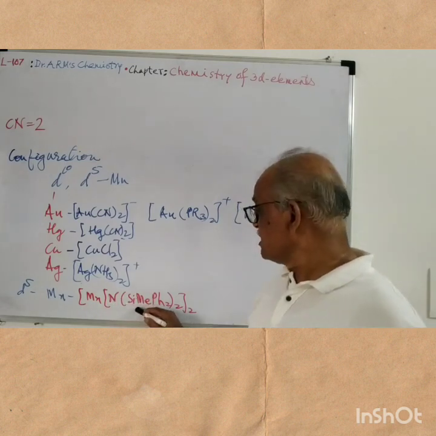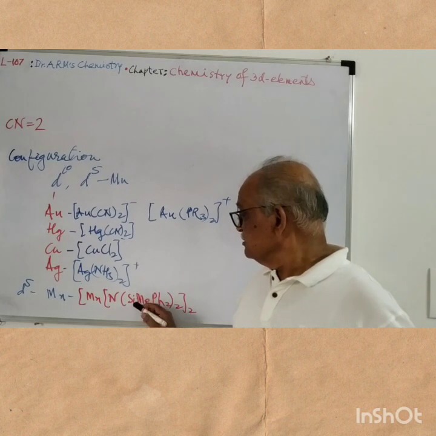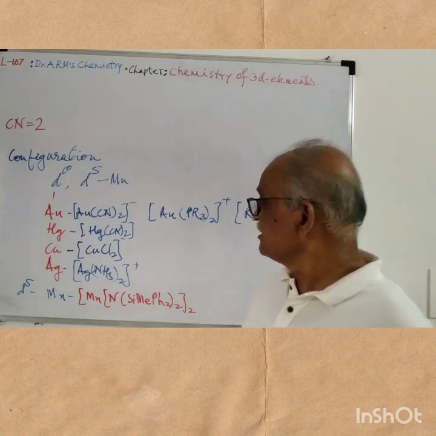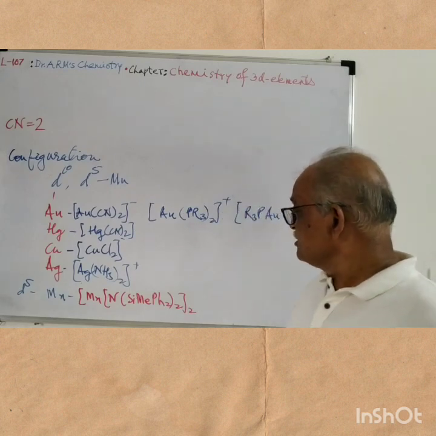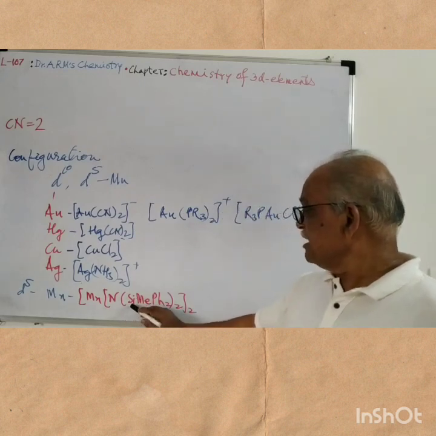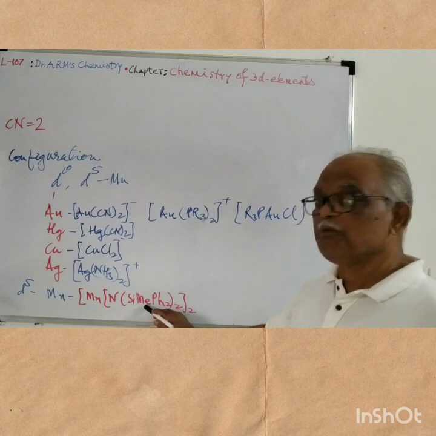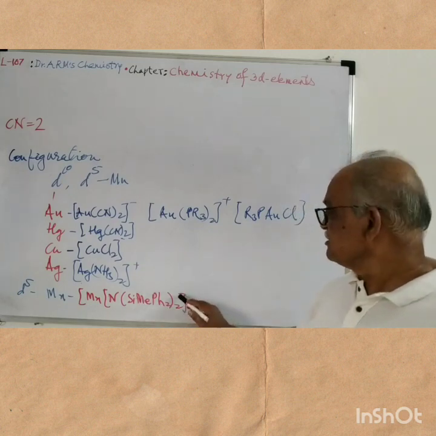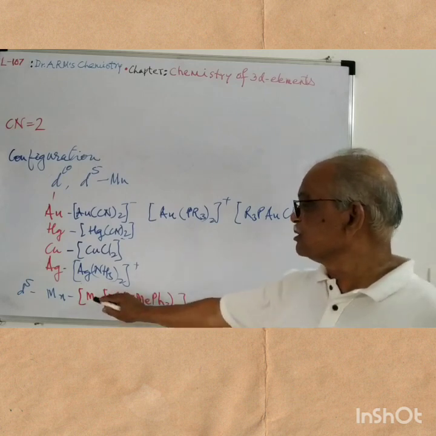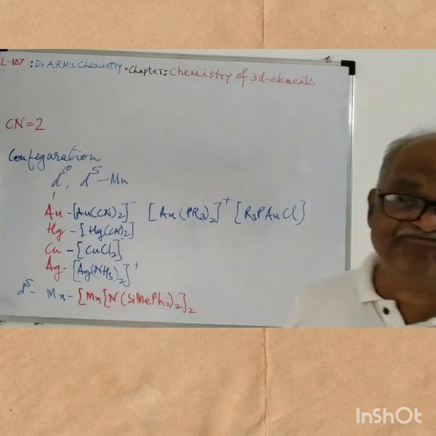So there are such two ligands which have very large bulky groups. Here SiMe is the methyl group, Ph phenyl. So there are such two groups attached to this Mn.